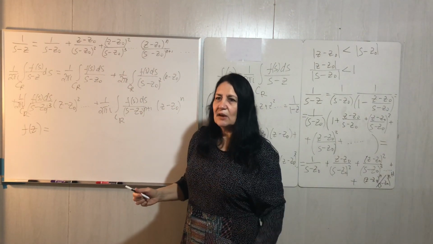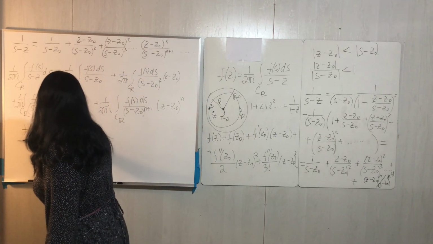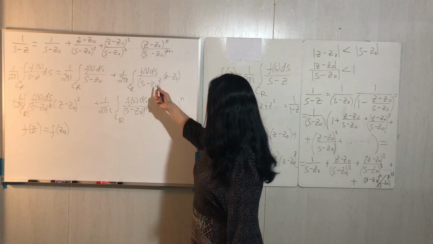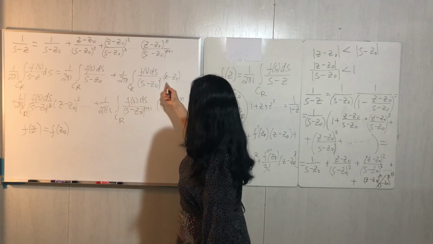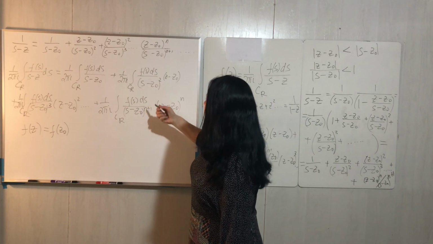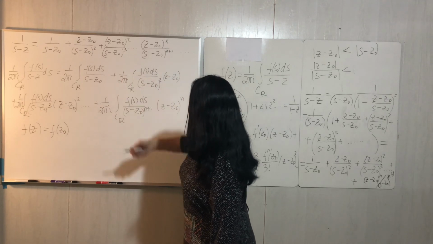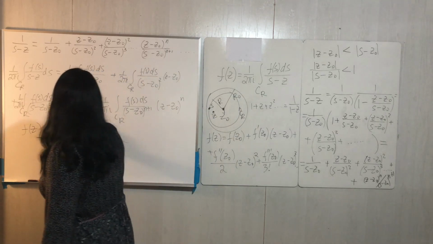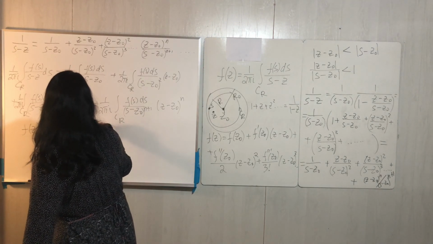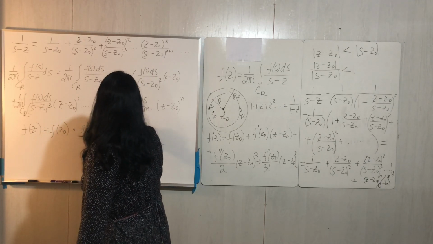The first term would obviously be, according to Cauchy's formula, f at z sub 0. And then if we look at this expression, that would be just the first derivative. Here 1 factorial will not play a role. So that would be f prime evaluated at z sub 0 times (z minus z sub 0).